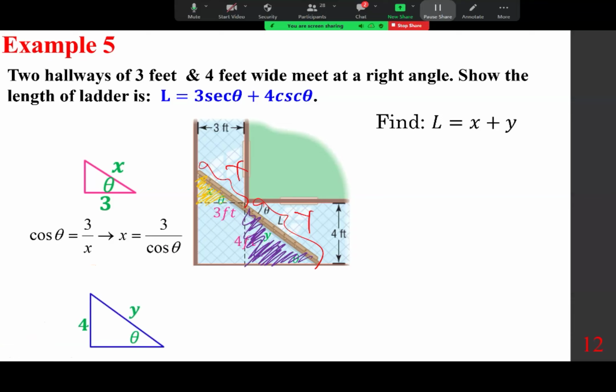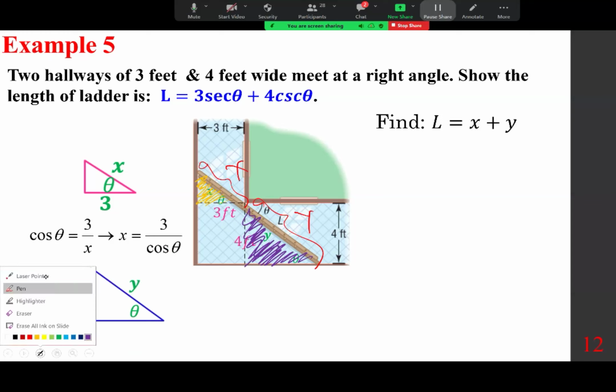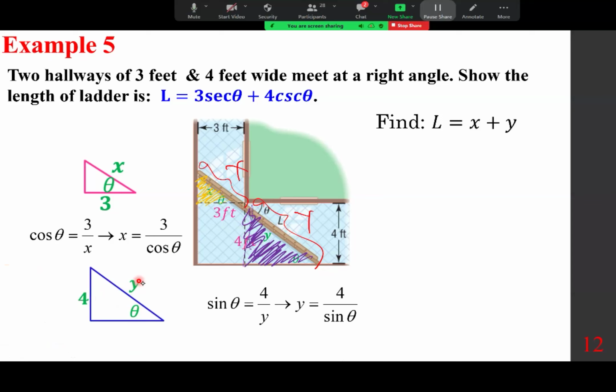In the case of this triangle, we have 4. This length is 4. This we called y. This angle is theta. So in this case, sine theta is the opposite 4 over the hypotenuse y, which means y is 4 over sine theta.